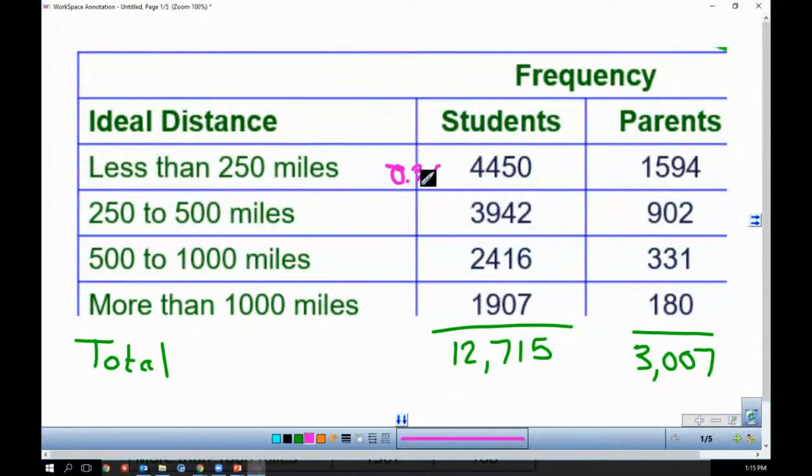What about the next one? 3942. What's that relative frequency? 0.31.